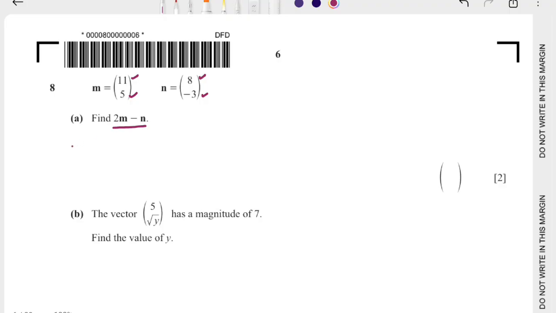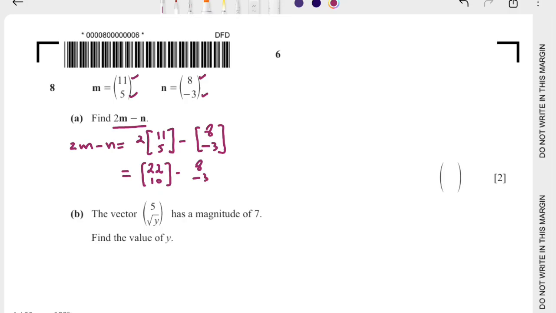So 2m minus n is equal to 2 times (11, 5) minus (8, -3). 2 times 11 is 22 and 2 times 5 is 10, minus (8, -3). We will subtract it.